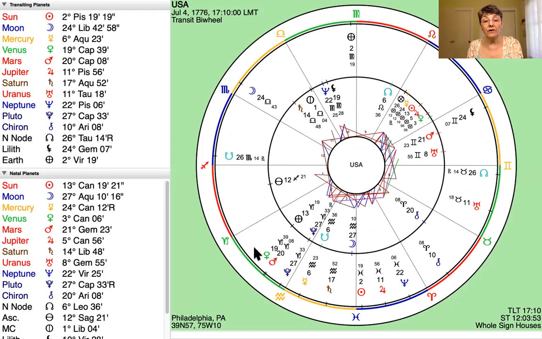So we have all these planets now in the northern hemisphere of the chart, where we are dealing with domestic issues, right? And the moon is the only one up here, except for Black Moon Lilith, and they are in almost perfect trine there.